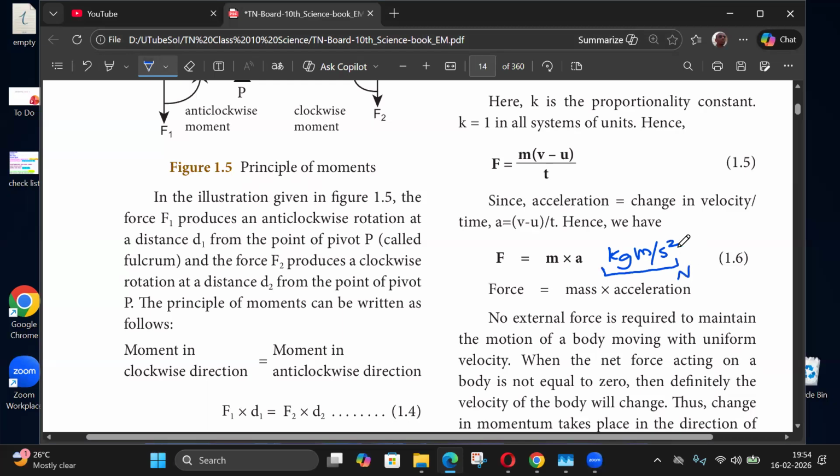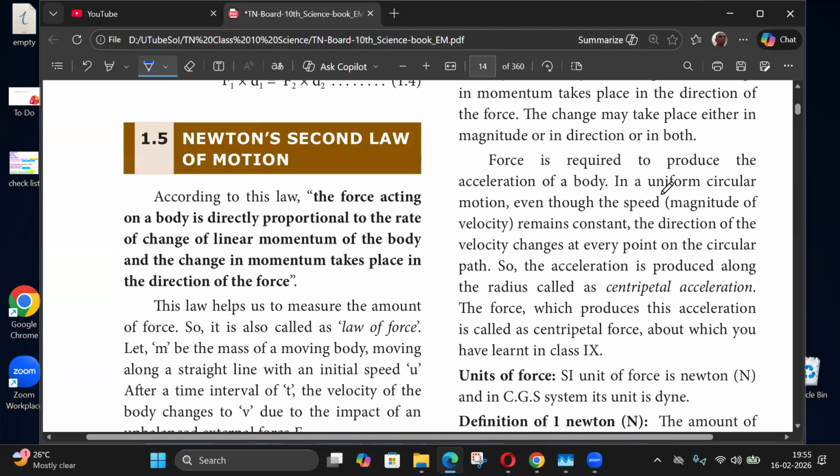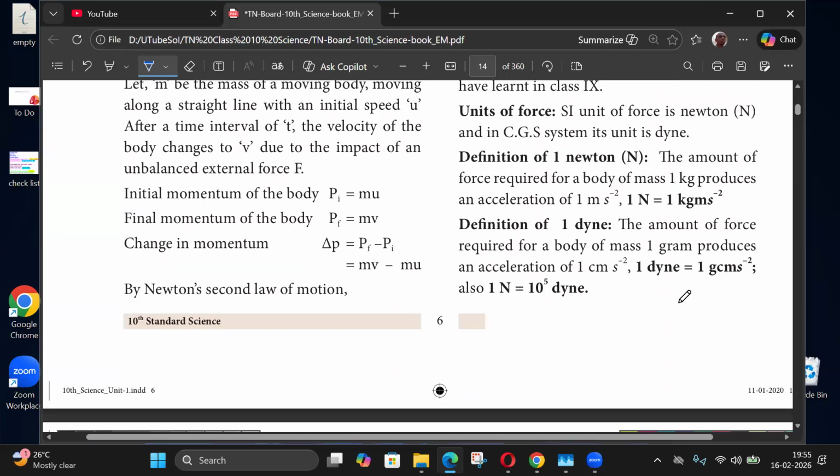So a force of 5 kg meter per second square, instead of writing that, I can just write 5 Newton. So 1 Newton is the same as 1 kg meter per second square. Instead of writing this big thing, I introduce the short notation Newton.